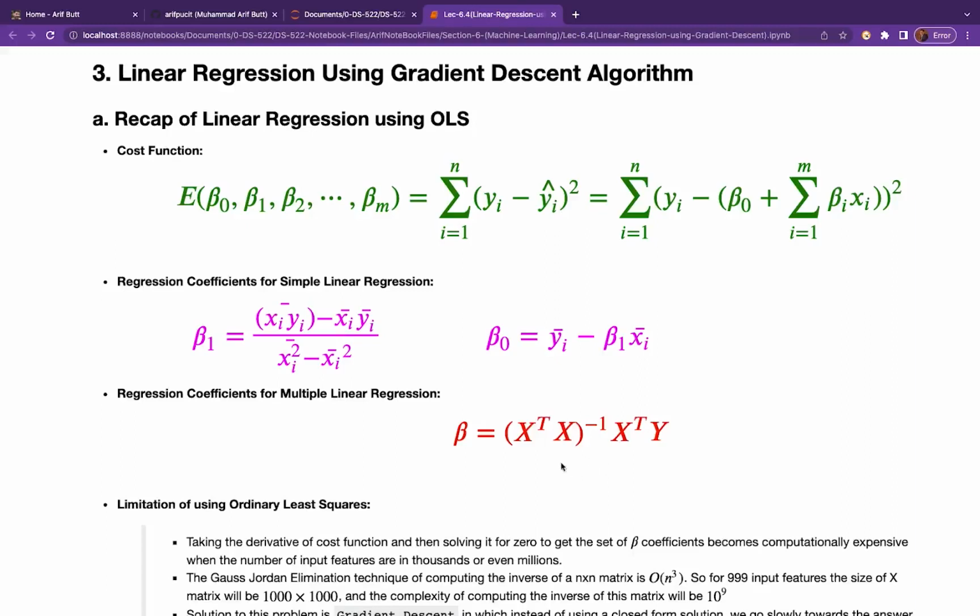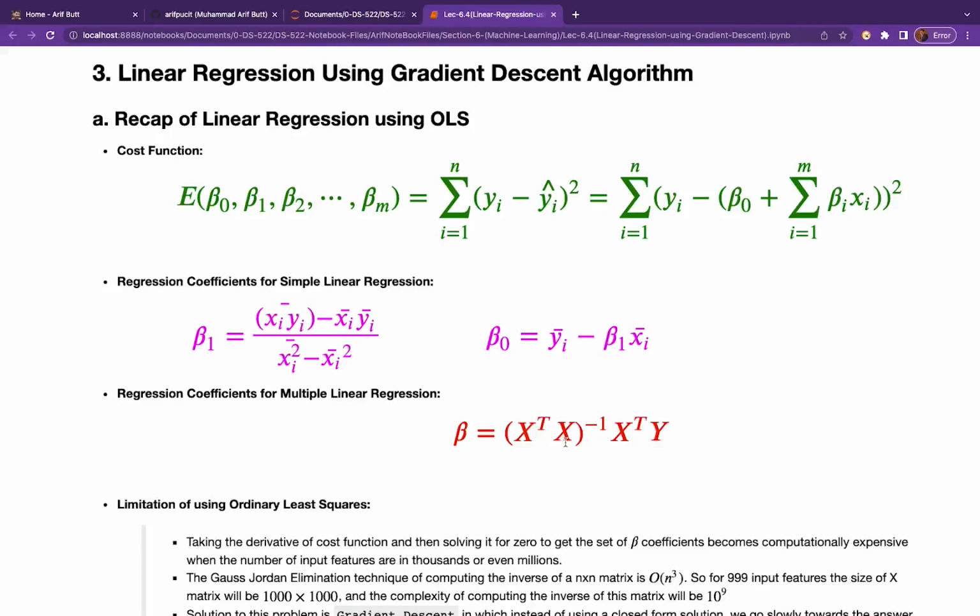And since we have to compute the inverse of this matrix, and the time complexity of doing so with Gauss-Jordan elimination comes out to be big O of n cube, and of course that is too costly.